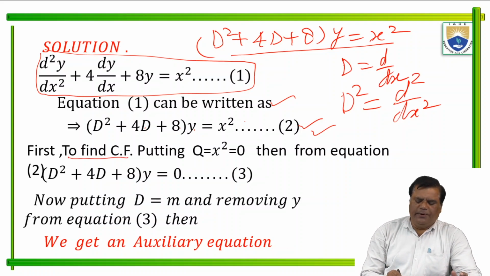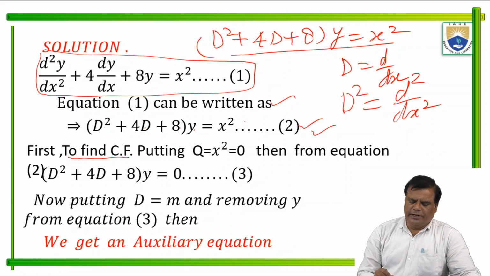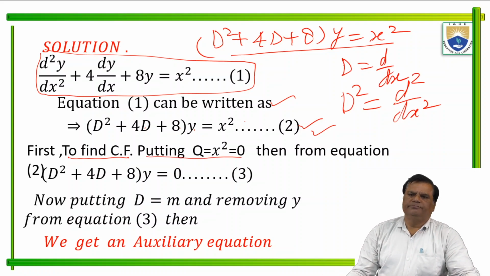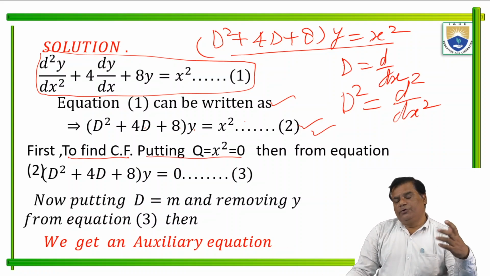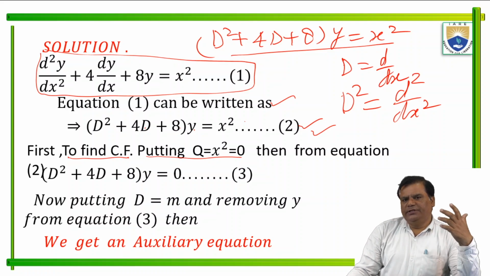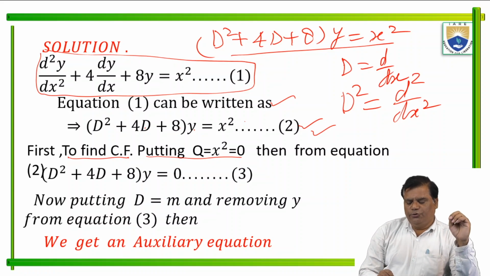So here we first find the complementary function. To find the complementary function, we put Q equal to 0. When we find the complementary function, Q must be 0. This is the condition. Here Q is x square, and we put x square equal to 0.